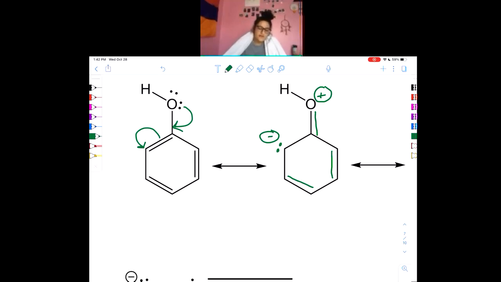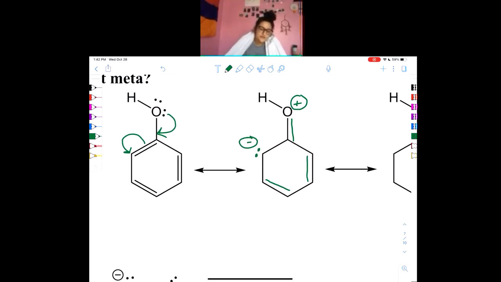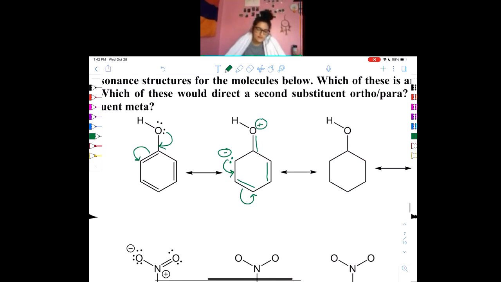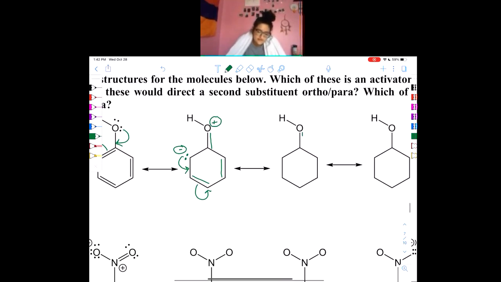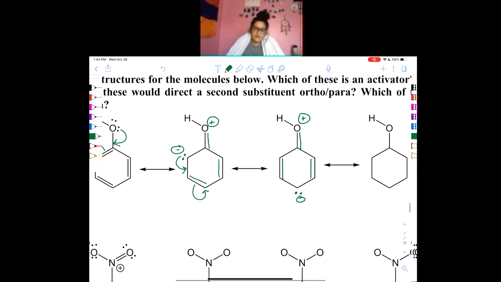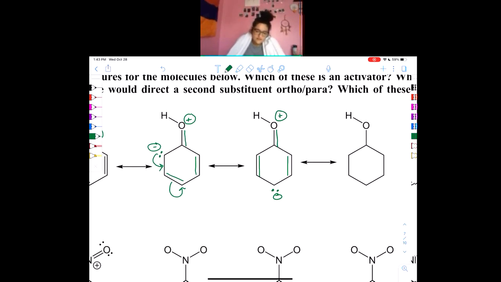Cool. In the next resonance structure, we can bring these electrons down here. The next double bond would send the electrons there. So we still have this double bond and a plus on the oxygen. We now created this new double bond. This one has not changed yet. And we have a negative charge here. And then we can bring these electrons here.